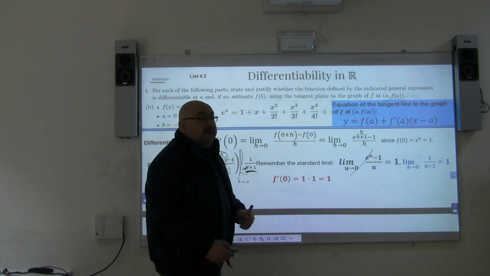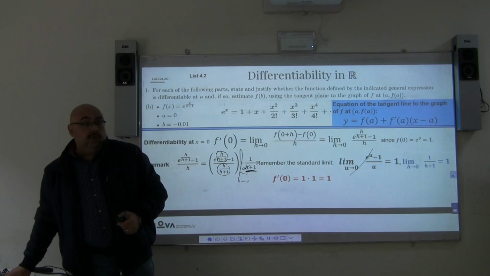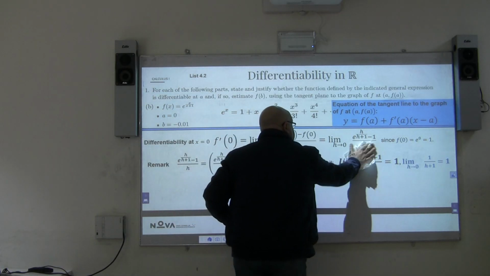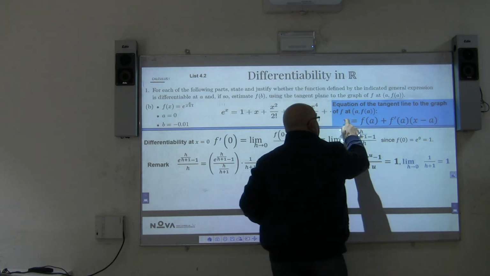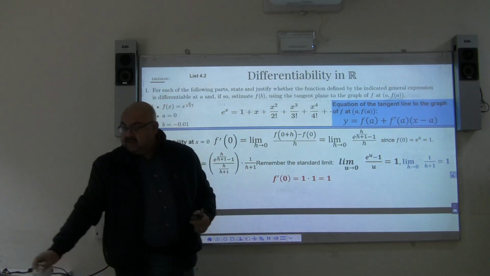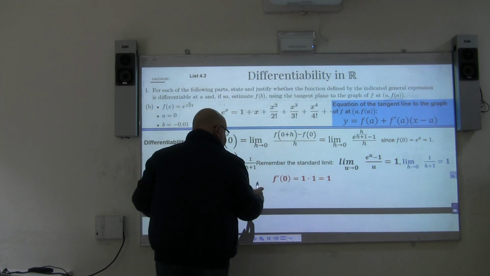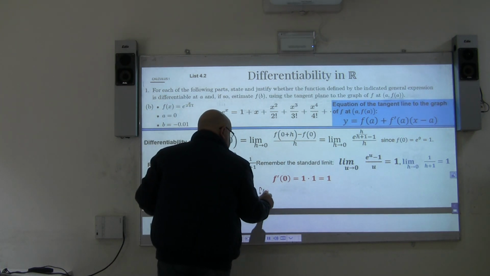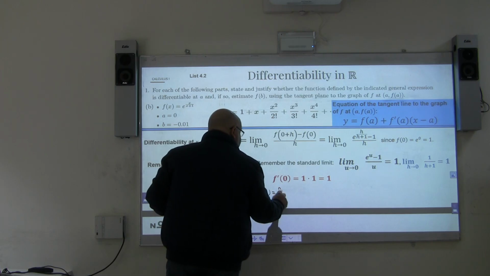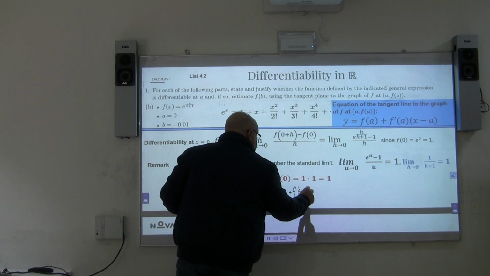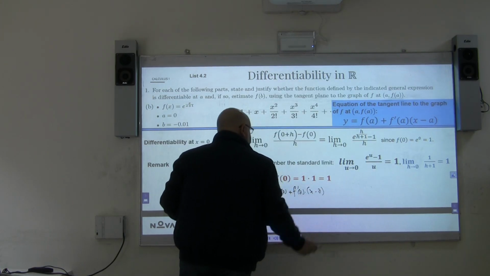Now I need to evaluate the equation of the tangent. We can do it together, Omar. All I need to do is to substitute in the equation of the tangent. Y equal the value of the function at a, or I can write f of x is equal to f at a plus f dash at a times x minus a.